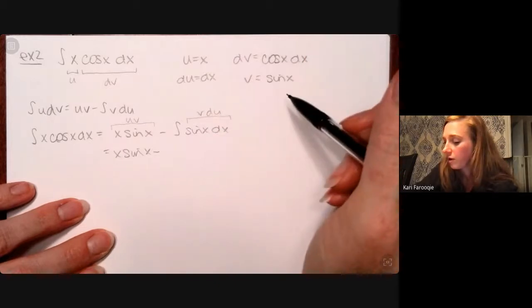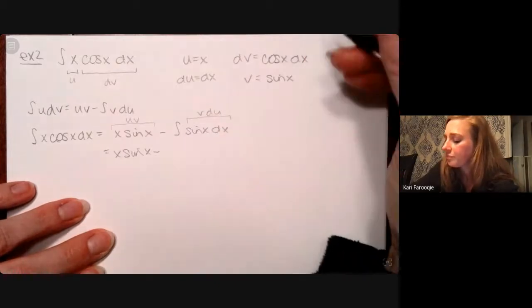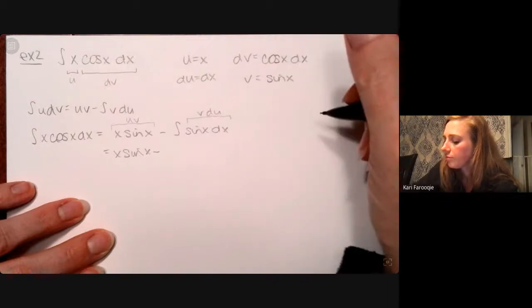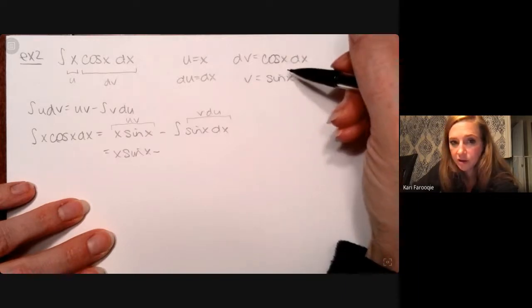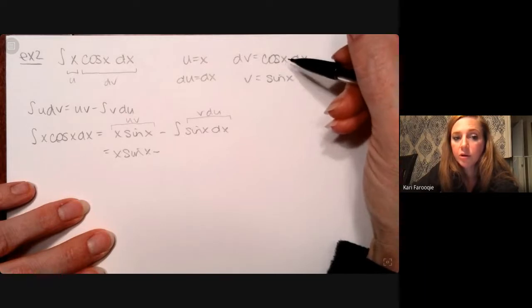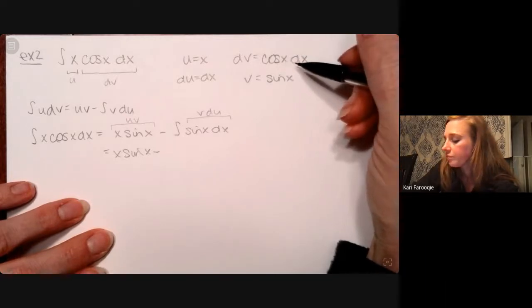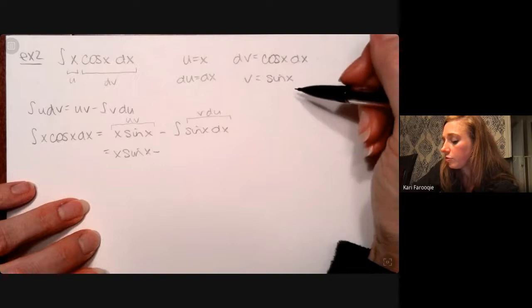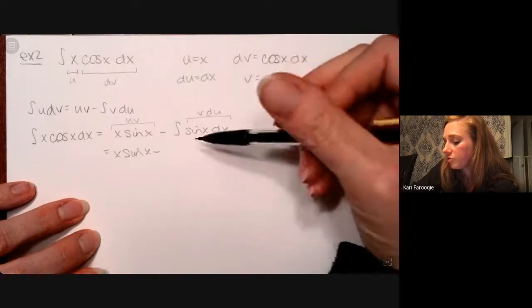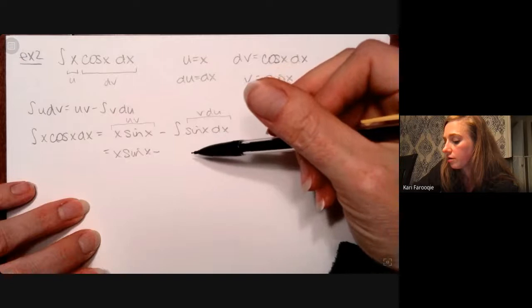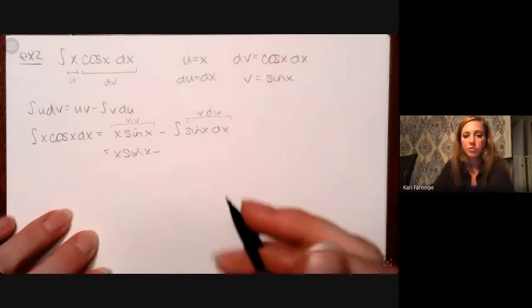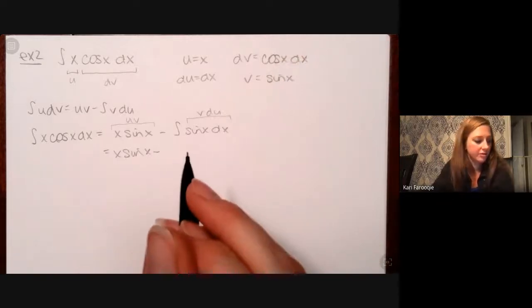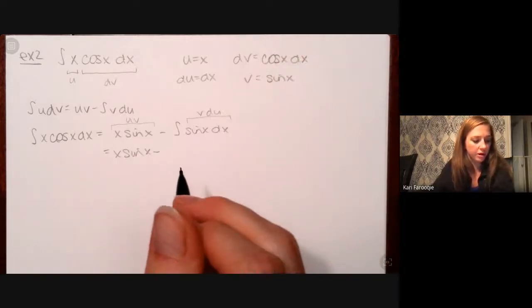And the derivative of cosine x is negative sine x. If you need to think backwards, think about it this way. Your original function was sine x, and then you took the derivative to get to cosine x. What you're doing here is the opposite situation. You're looking at your derivative and you're trying to get back to the original.